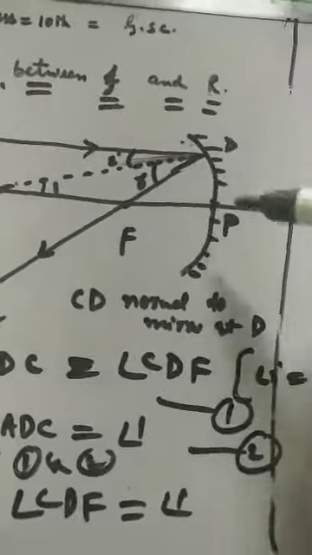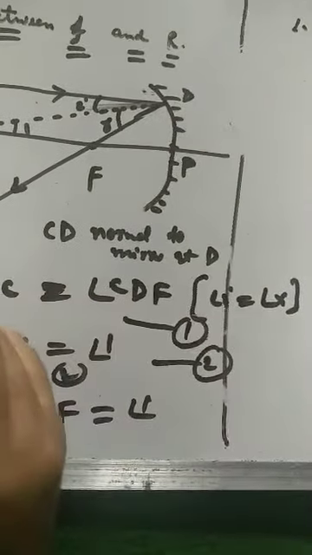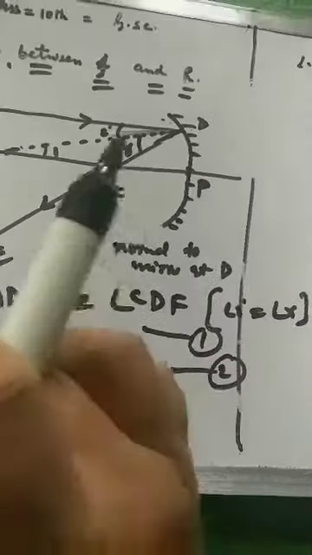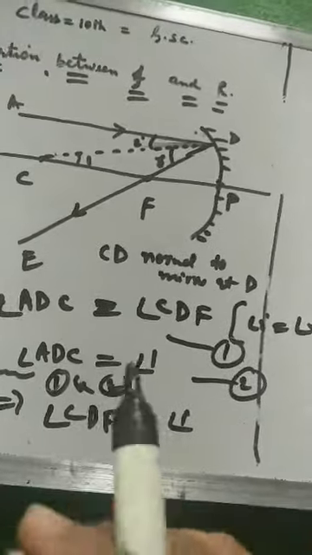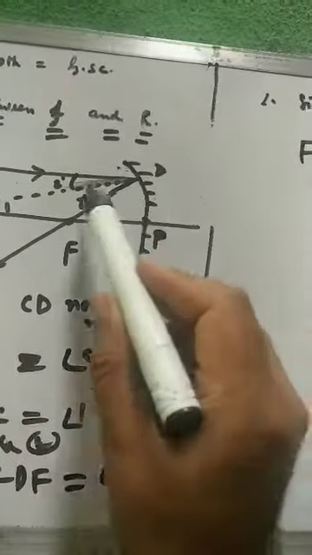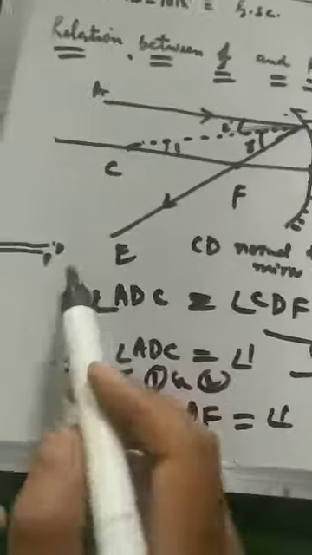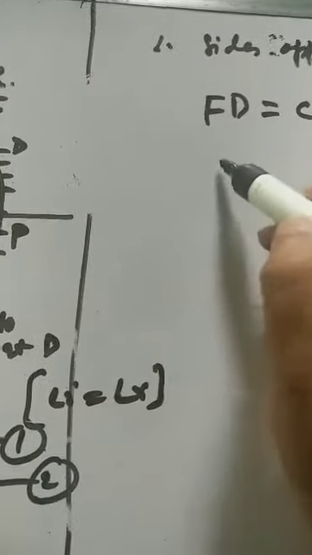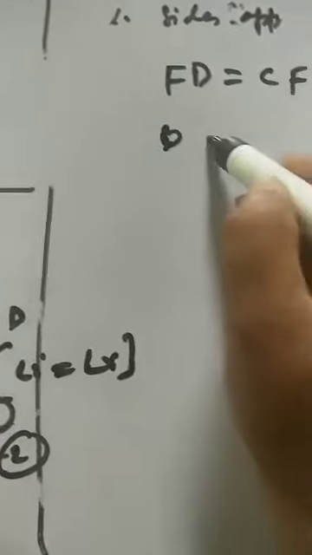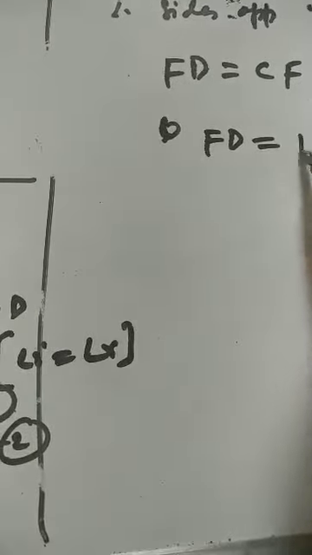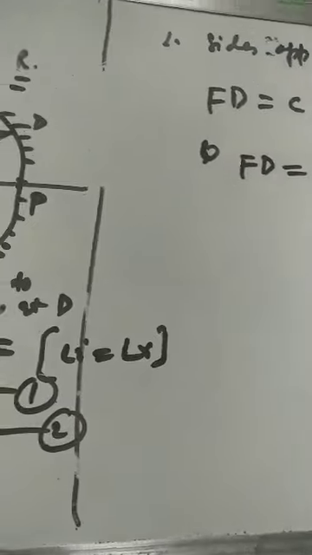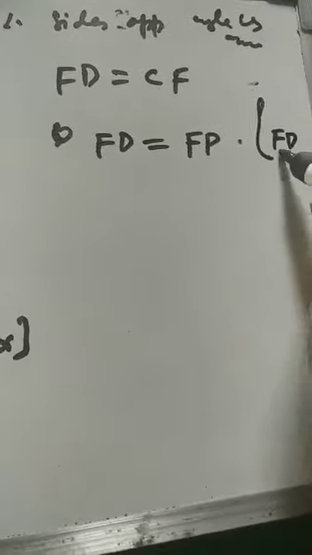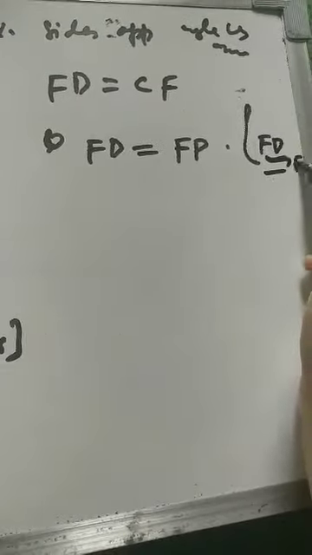These F and D, this D and P, they are very close to each other. It means that FD and FP, they are all almost equal. Here FD is equal to FP. Approximately यहाँ अगर ऐसे लिखेंगे, FD is almost equal to FP.